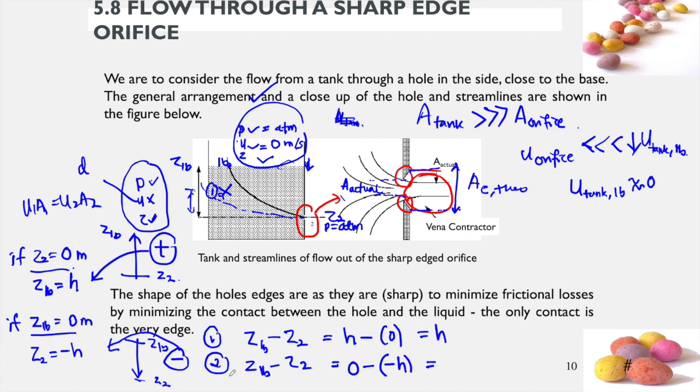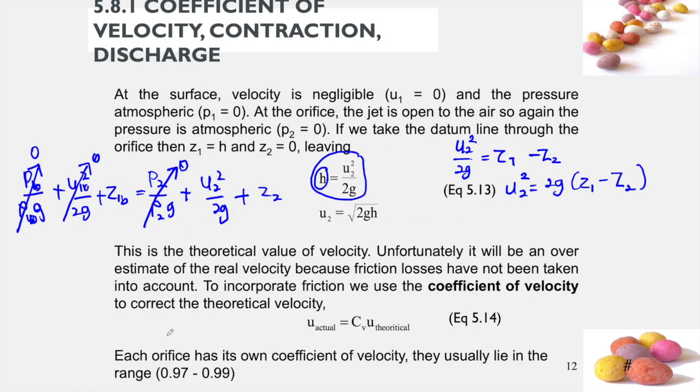Therefore, your z1b minus z2 is h. So both of these will be the same. Okay, remember positive and negative values. That's why we have h here, because z1 minus z2 is h.